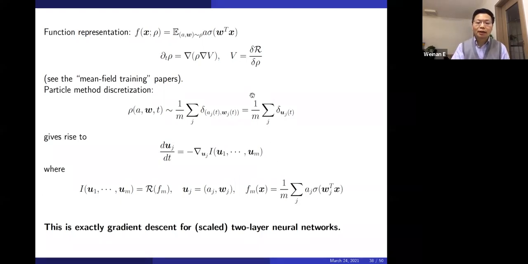So what we are saying here is that embedded in this continuous looking equation is the discrete gradient flow of a two-layer neural network model, except that it's scaled. Usually in a two-layer neural network, we don't have this 1 over m. Now we have this 1 over m.